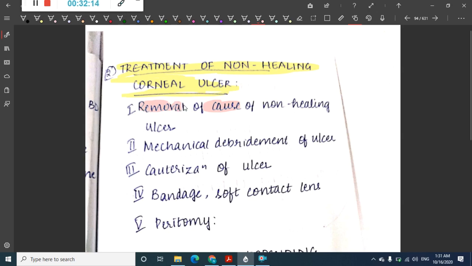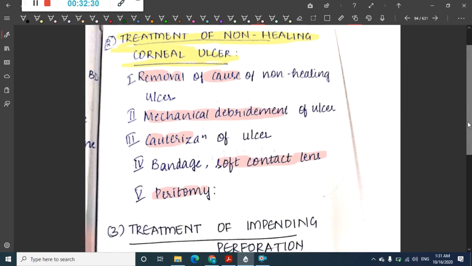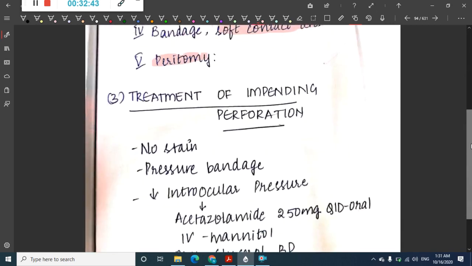Then we can do mechanical debridement of the ulcer, cauterization of the ulcer with cautery, a bandage with soft contact lens application, and peritomy can also be done.